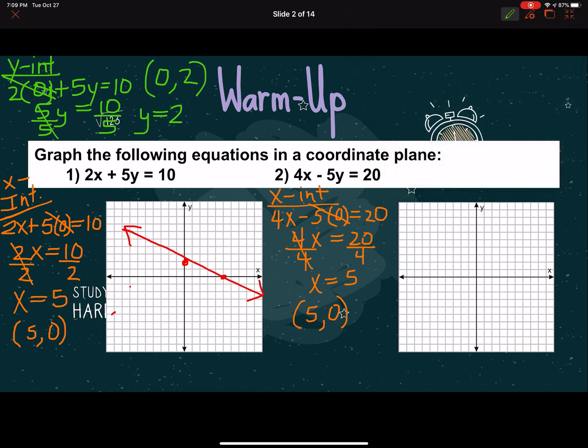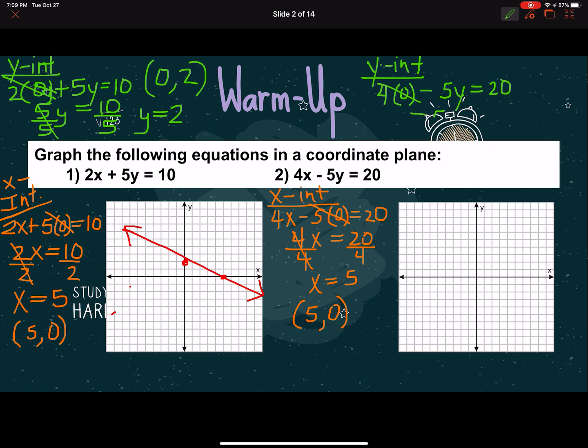And we're going to go through the same process for our y-intercept. So I'm going to replace now my x with 0. So we have 4 times 0, subtract 5y equals 20.